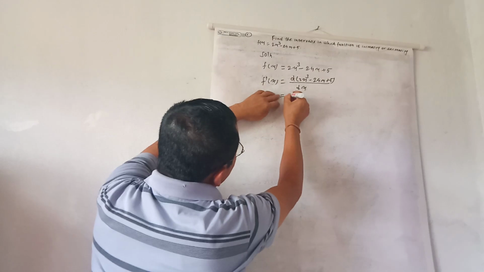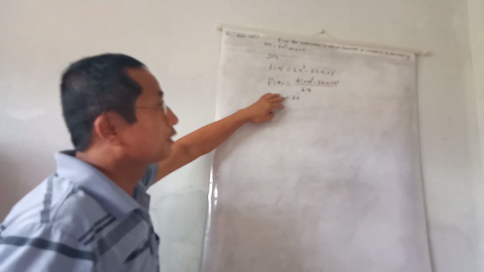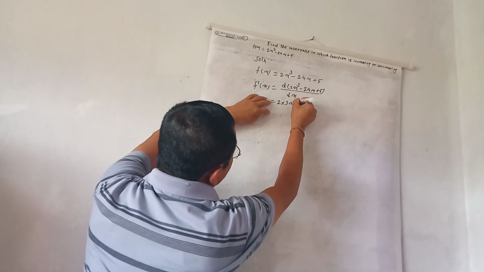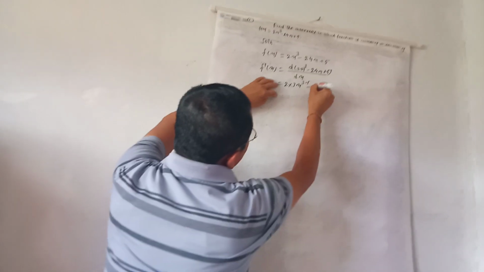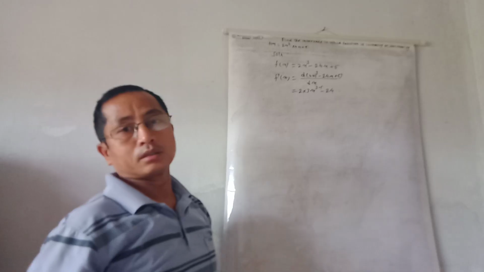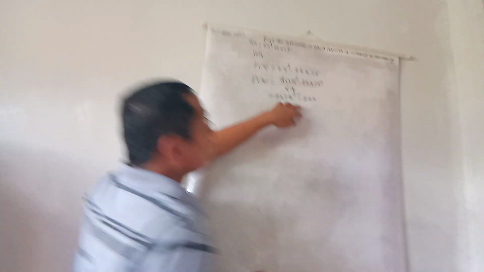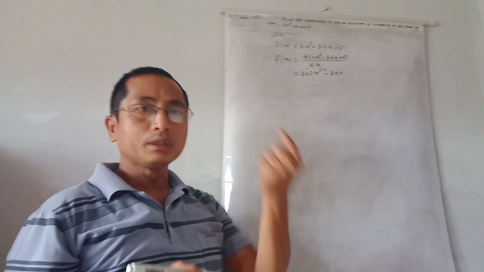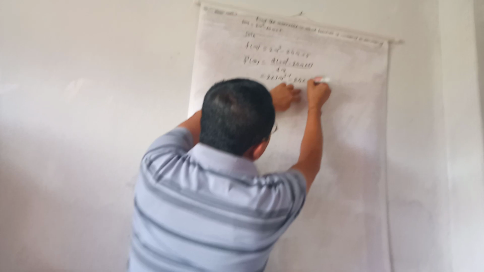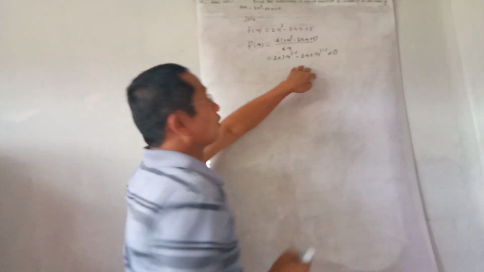Equal to 2 into the derivative of x cubed. You have to use the power rule: 3 into x power 3 minus 1, minus 24x. The derivative of 24x is 24 into x power 1, so according to the power rule, 24 into 1 into x power 1 minus 1, plus 0.